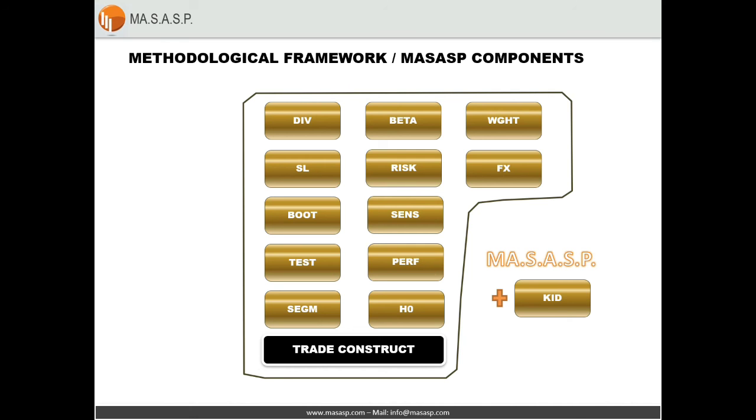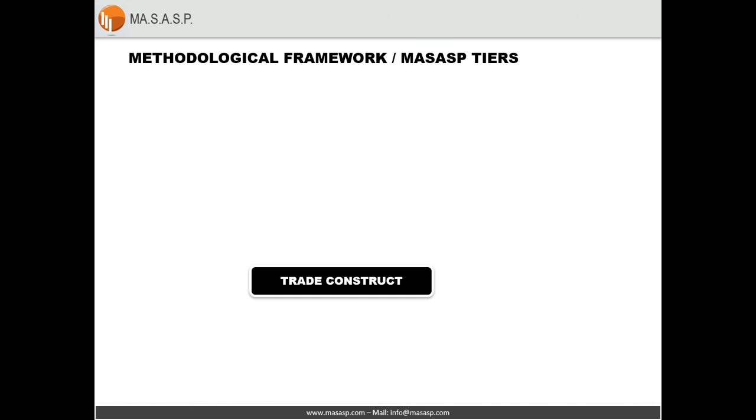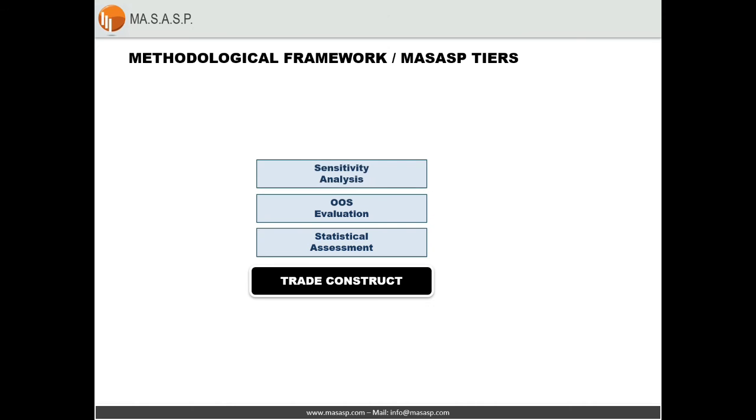In order to keep the videos short enough, each lesson is divided into two parts, Part A and Part B. Here we take a chance to look at the framework from a higher level perspective.